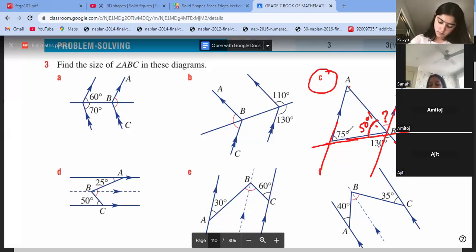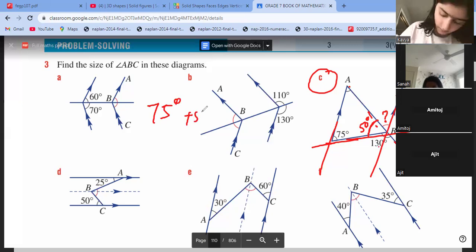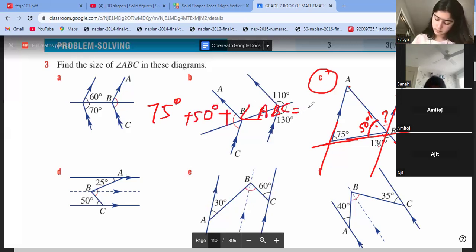It would basically be the same as A and then 75 and B. So you'd find the angle by basically like that. So B would be like... No, the angle would be 75. No, 75 plus 50 plus this angle ABC. They are forming co-interior angles. So its sum must be equal to 180 degree. Now find out ABC.